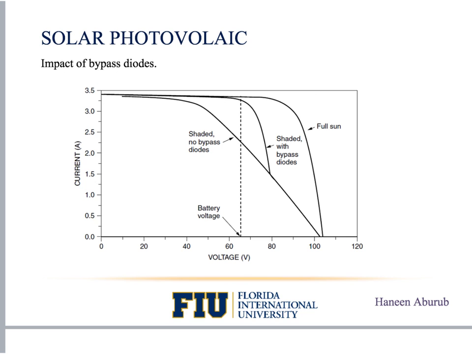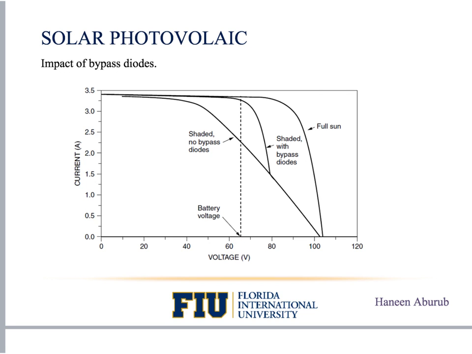Now to see the effect of bypass diodes on the shading problem, we can see that this figure is drawn for 5 modules, and these modules are connected in series to deliver 65 volts to a battery bank.